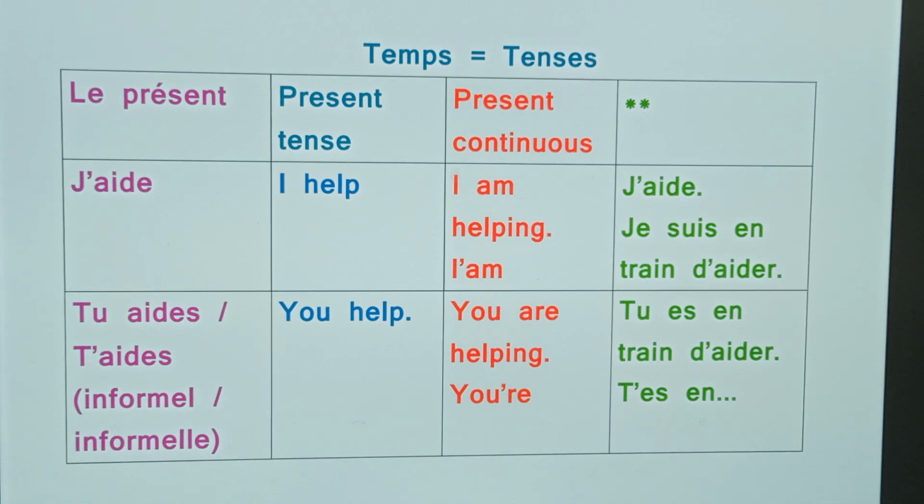And in the present continuous, I am helping. If any English learners, you can also say I'm helping. So I apostrophe am, I'm happy. There is no present continuous or past continuous, or any continuous in French. So instead, what we could say, you can use the j'aide or en train de.